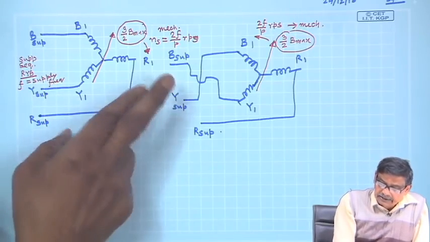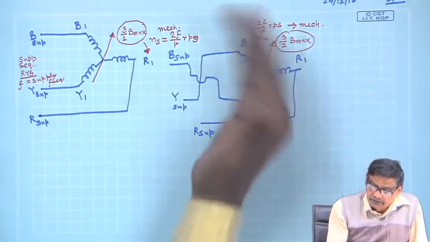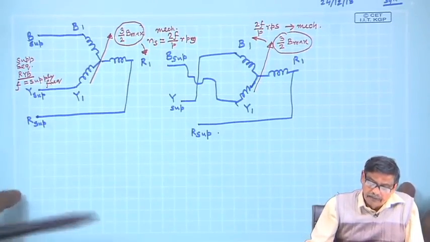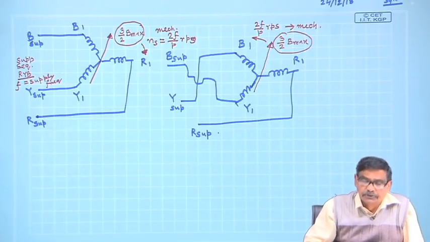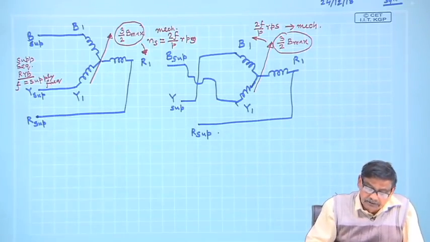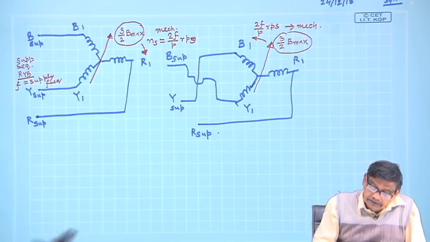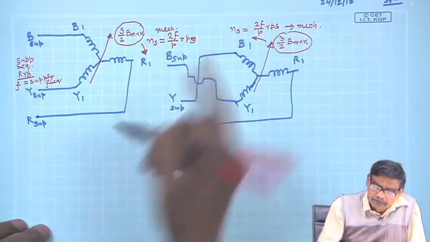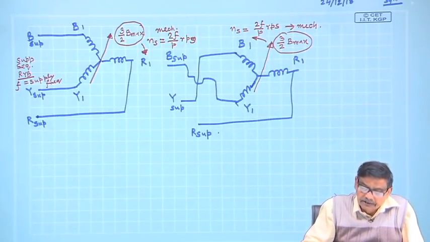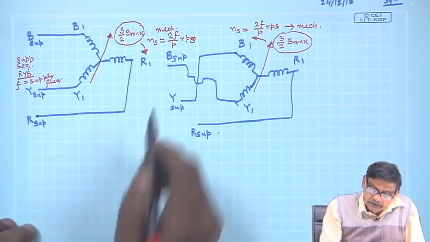So, by interchanging two supply terminals, the direction of rotation of the field may be reversed if we wish. So, this is how things are done, and this speed is written Ns, because it depends upon the supply frequency, which is constant, and is called synchronous speed.